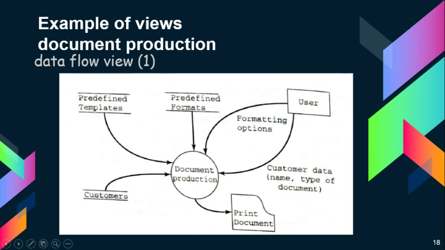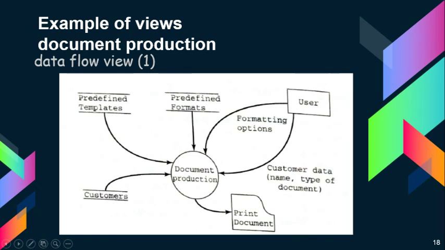For example, suppose that you wanted to describe the production of a document in an office automation system. The DFD, or data flow diagram, which is in the figure, describes which sources of information and what kind of data are necessary to produce the document.